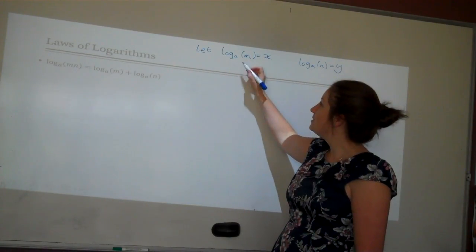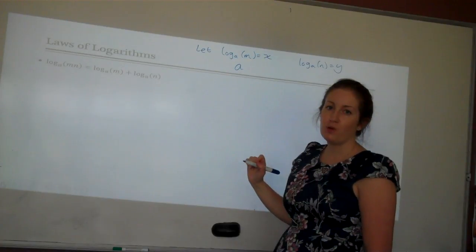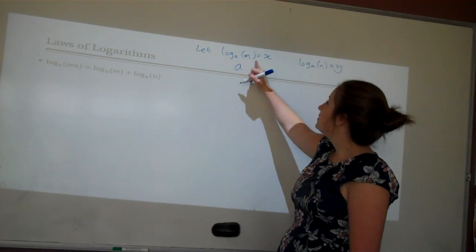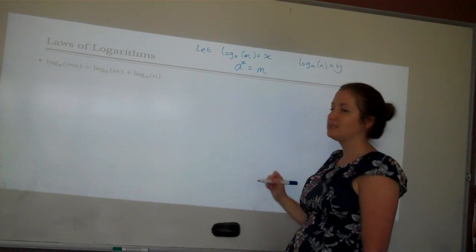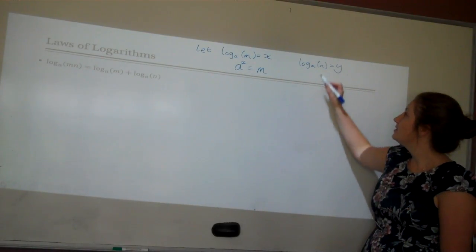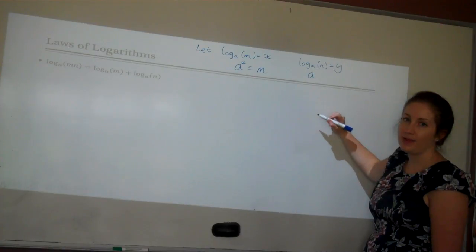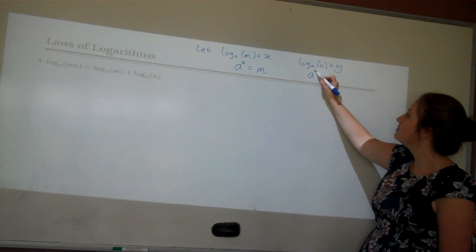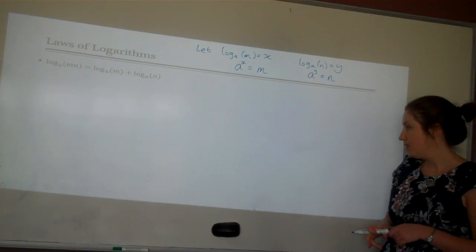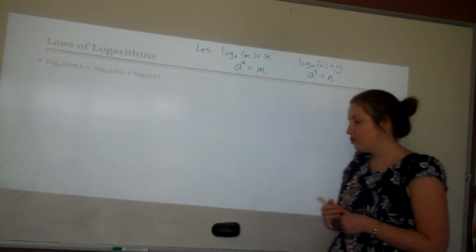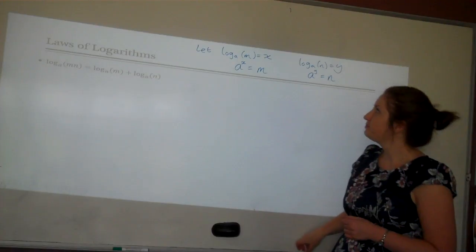Our base here was a, so our base of the exponential equation will be a. It was equal to x, so x becomes our power, and then it's going to be equal to m. Similarly here, a is still our base. Because it's equal to y, this becomes our new power, and it's going to be equal to n. We're going to use this as we go through and prove all of our different log laws.